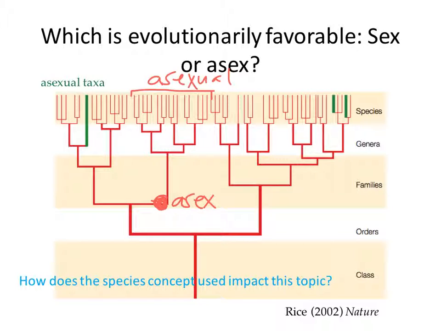You grow a posterior on the anterior half of your body and an anterior on the posterior half, and you split in two. How would you know if there were two or more species of that type of worm? The biological species concept's probably not very useful when you're talking about a species that reproduces by fission.